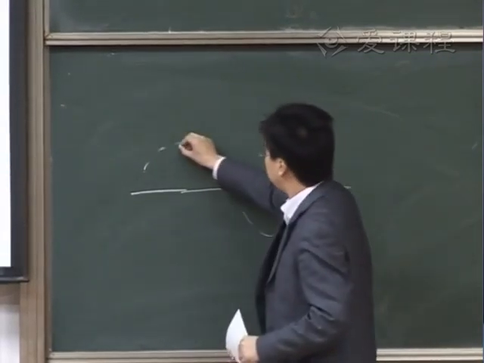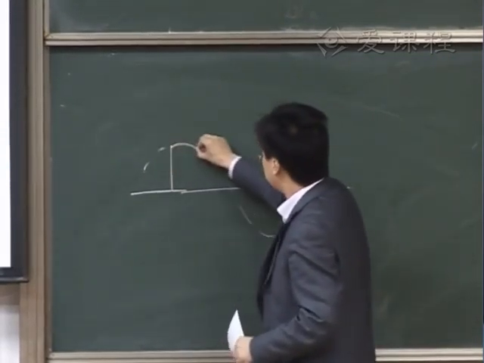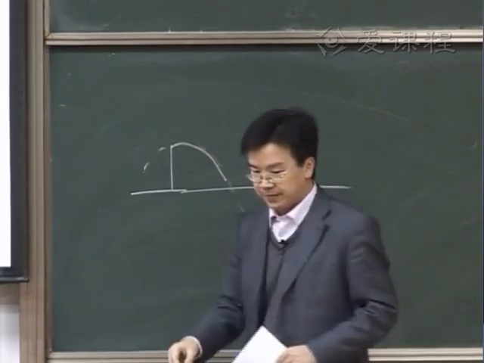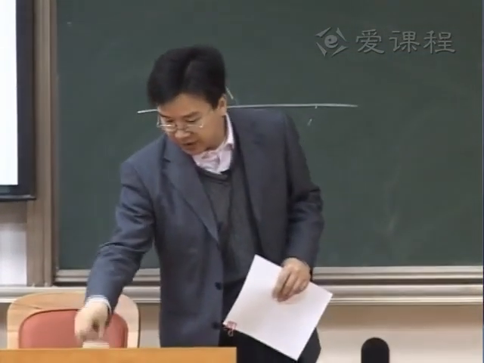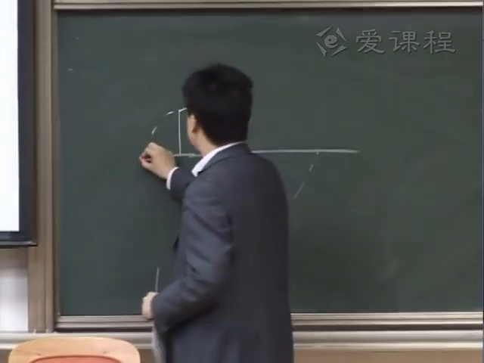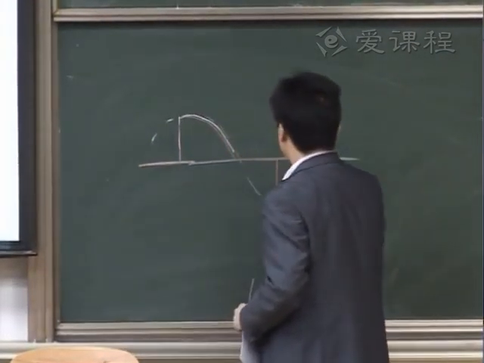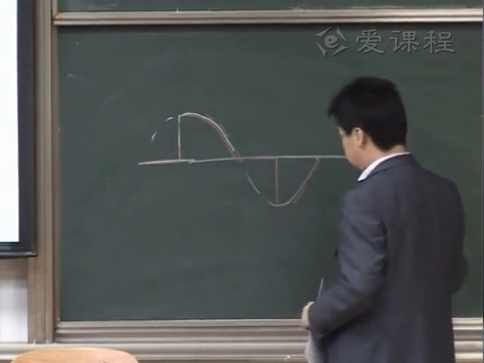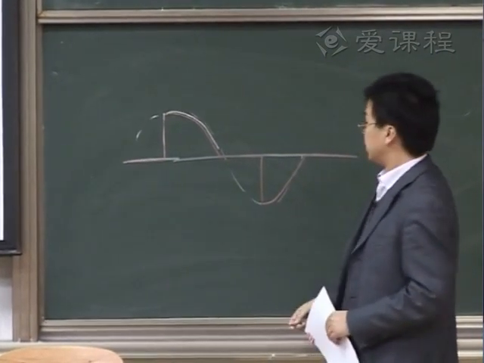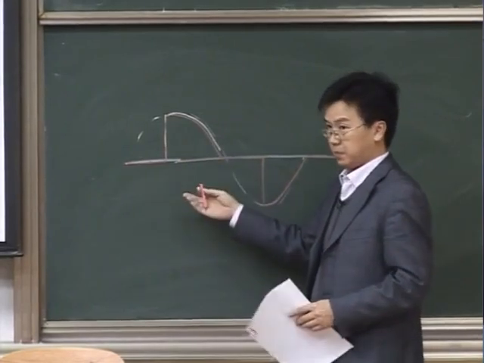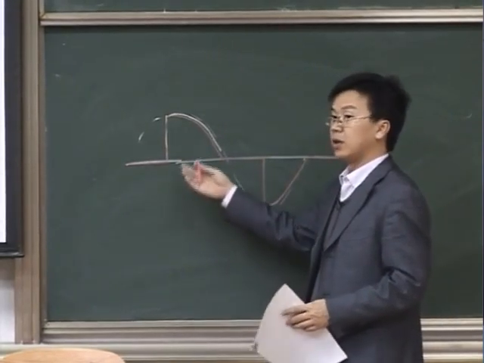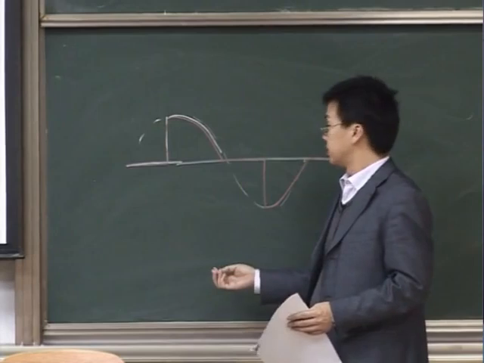When you have only part of that sine wave, then your output voltage will be something like this. Somebody says this is no longer pure sine wave, of course.